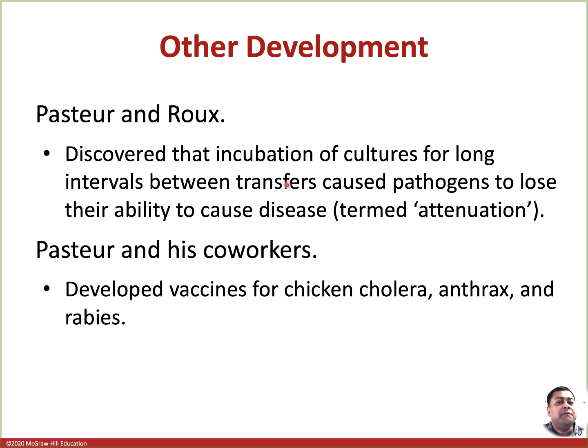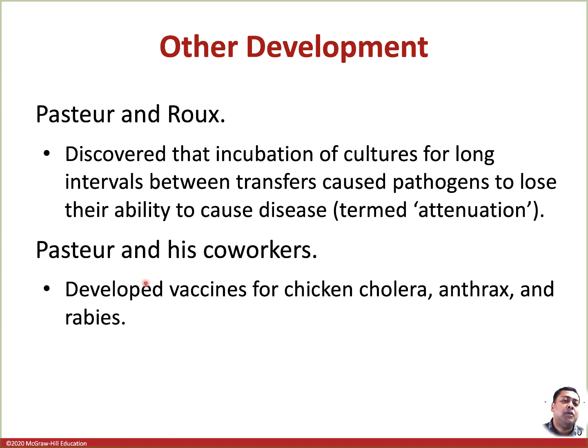They found that these attenuated agents, if injected into a healthy human being, can act as a vaccine and prevent the disease from getting into them. That's how they developed the vaccines for chicken cholera, anthrax, and rabies.